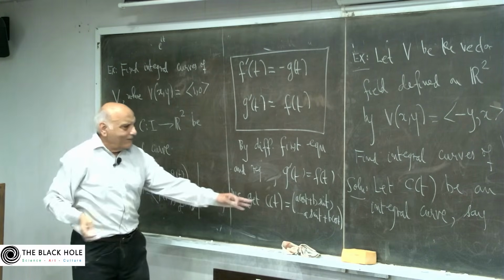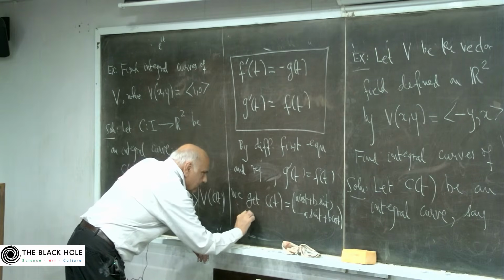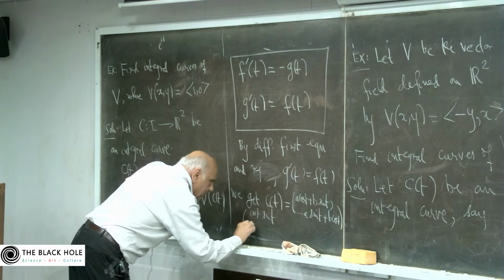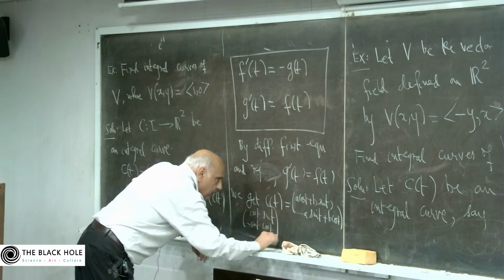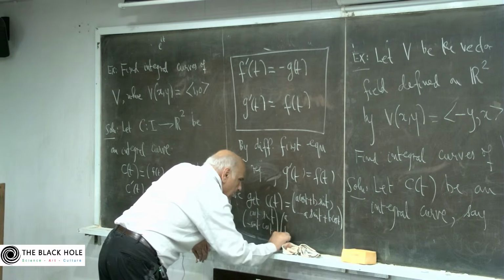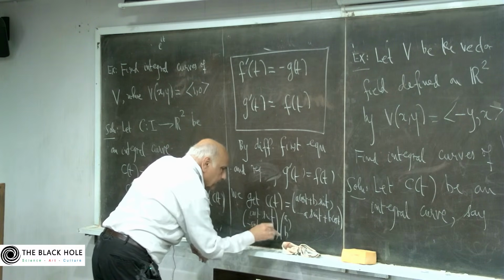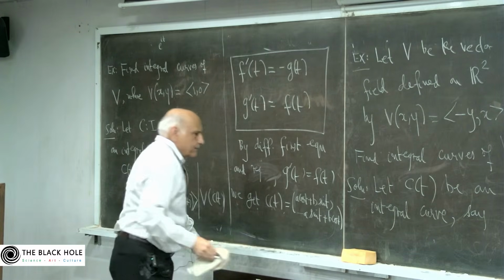Okay, I think it is correct because it is cos t, sin t, minus sin t, cos t. So a cos t plus b sin t, minus a sin t plus b cos t. Yeah, it's okay. So you get this.